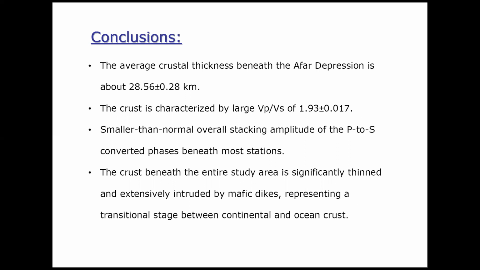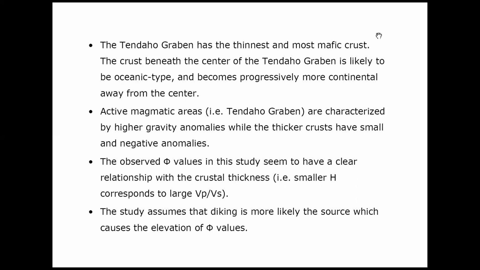beneath most stations. The crust beneath the entire study area is significantly thinned and extensively intruded by mafic dikes, representing a transitional stage between continental and oceanic crust. The Tindahu Graben has the thinnest and most mafic crust.